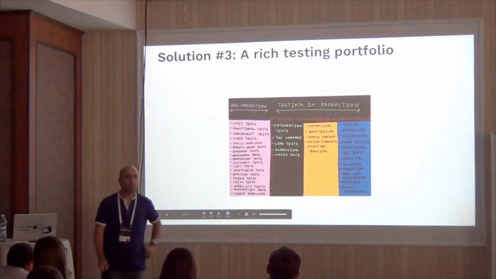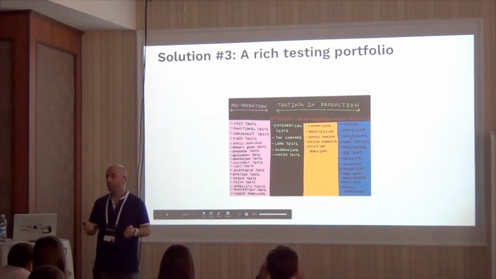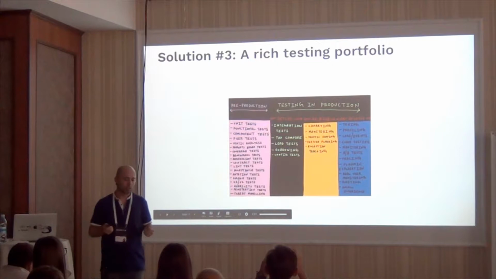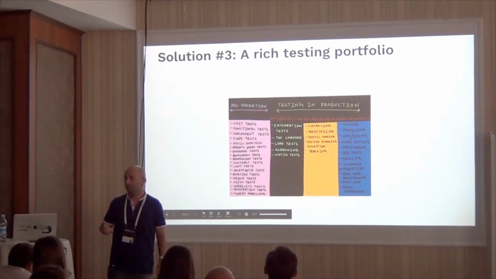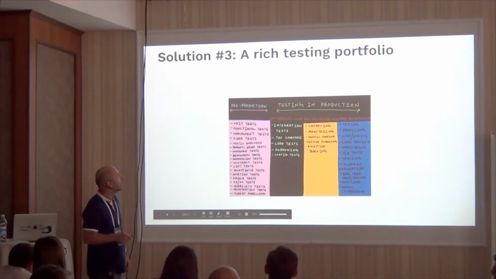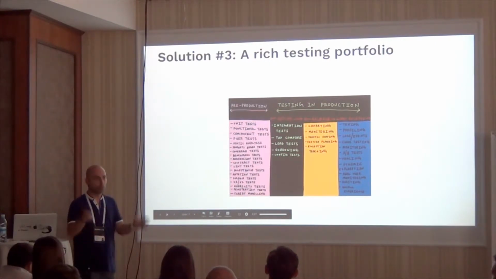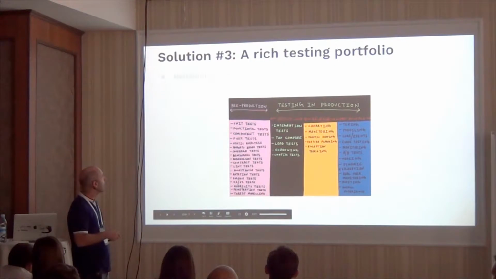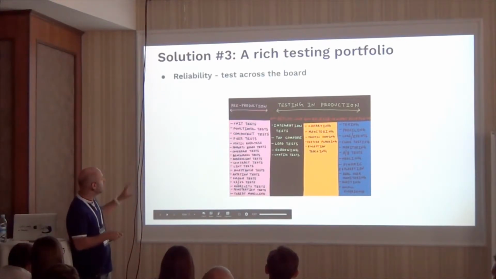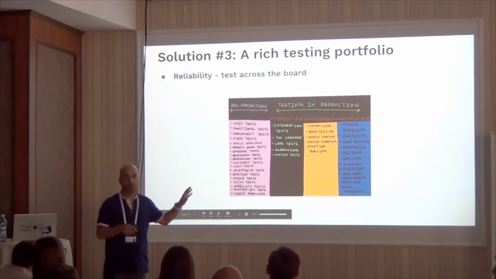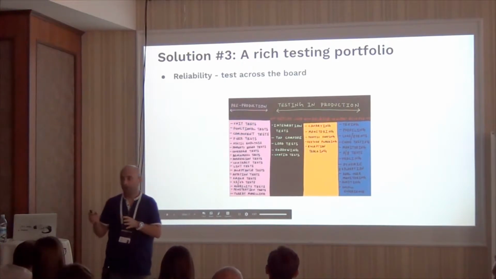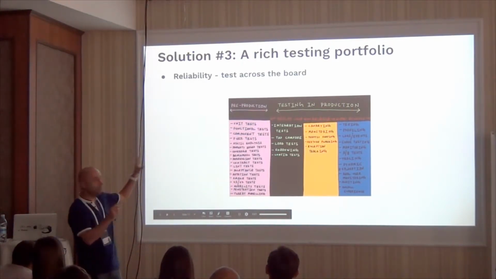It comes from a great blog post, which I highly recommend you read, called Testing Microservices the Same Way. And it brings two very refreshing ideas to your testing thinking. The first one is that you shouldn't think only about development-time testing. You should think about reliability across the board.